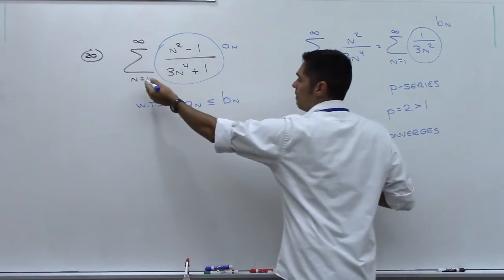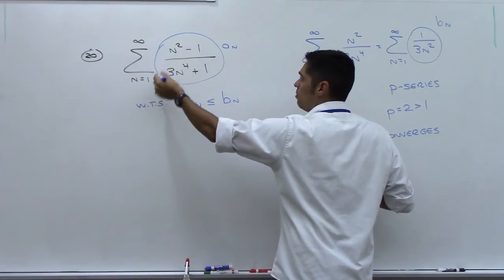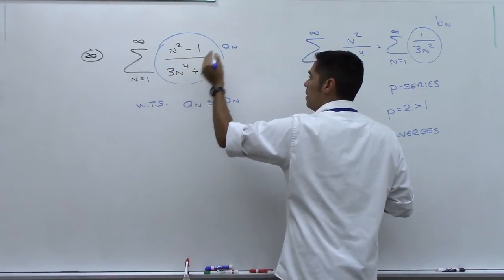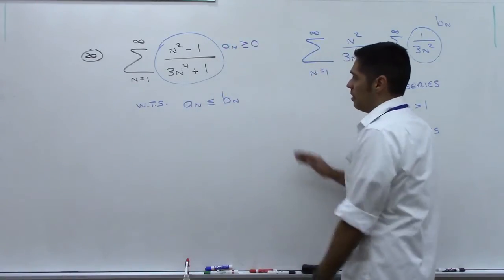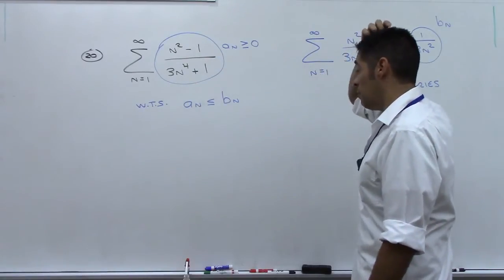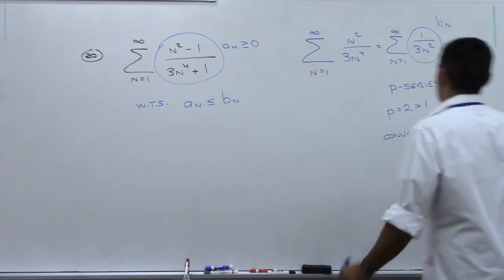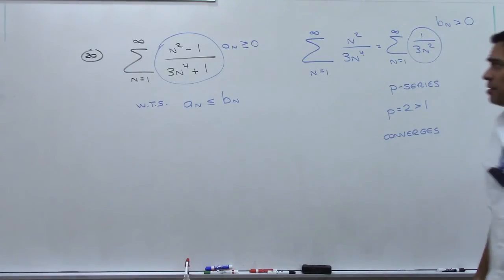If n is 1, this is 0. If n is 2, that's a positive over a positive, so this is greater than or equal to 0. Definitely at 1, it's 0, but past that, it's going to be positive. And then over here, this is always greater than 0. So we're going to be able to use the test.